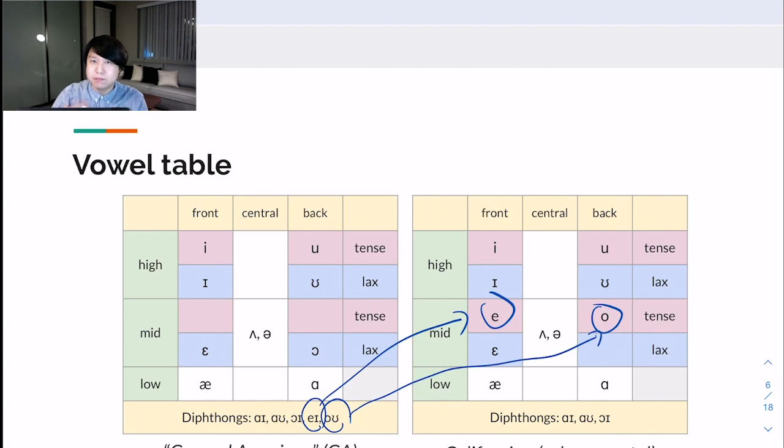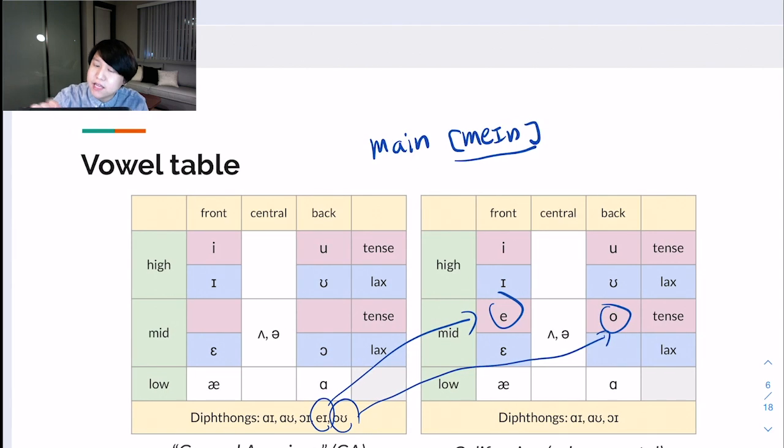I don't personally use Californian accent. So instead of saying Maine, so Maine will be General American accent. Californian accent will pronounce it as something like Maine. So that's the difference. And let's say phone.